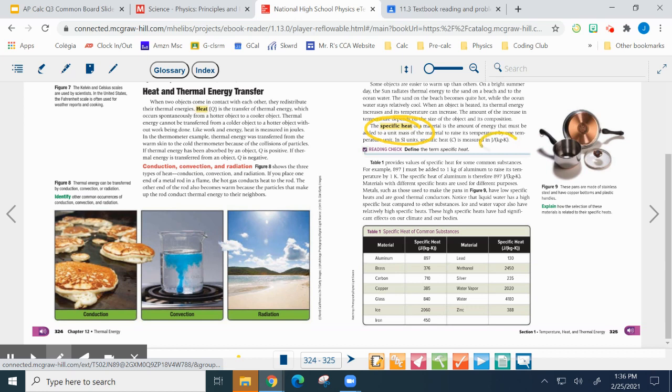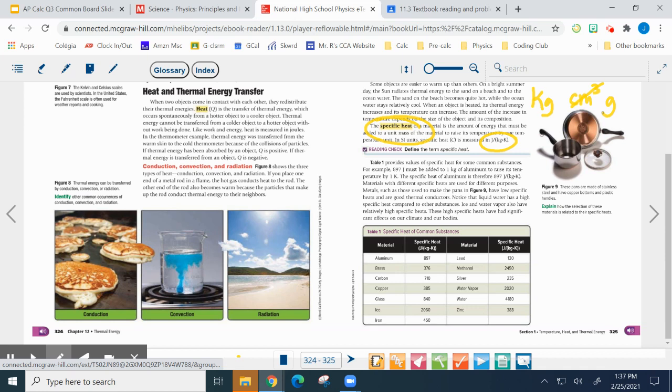So it's in joules per kilogram Kelvin. Now, that is in kilograms, but a lot of times you're going to find it per gram, excuse me.